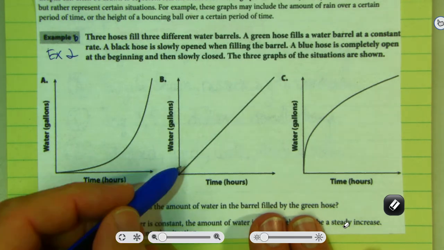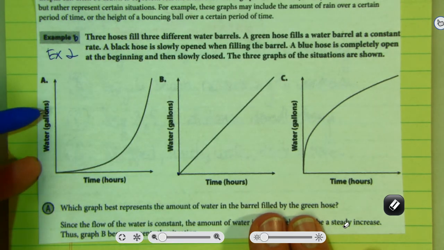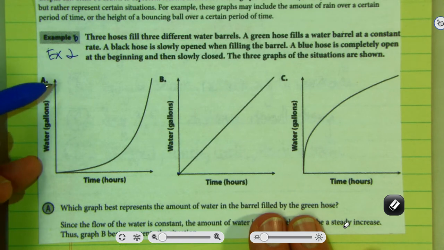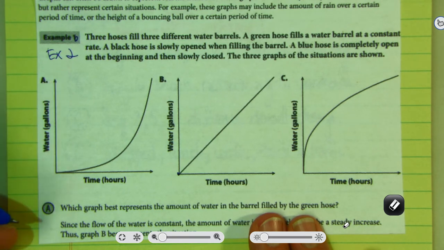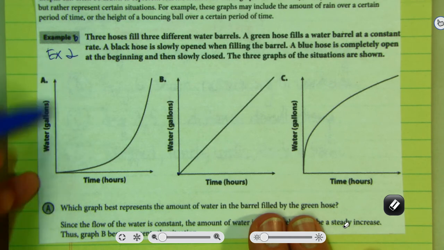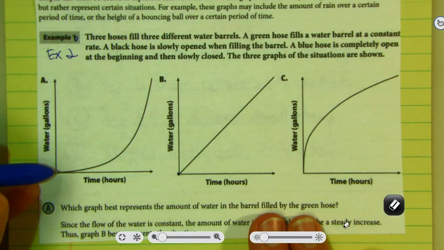So if that's the constant rate, what about A? Is it slowly turning the water on, or is it turning it on at full force and then turning it back? It's the latter. Okay, so with A, did I turn it on slowly or full force?